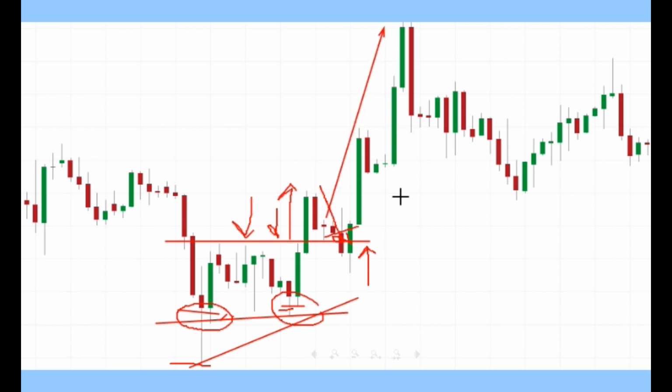And this is what we call a perfect double bottom for me. A perfect double bottom is a double bottom whereby the next bottom is higher than the first bottom. And if I could include a divergence indicator, you could probably have seen a divergence at this level.